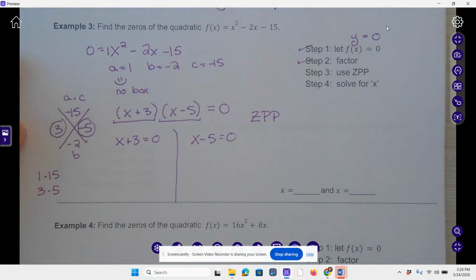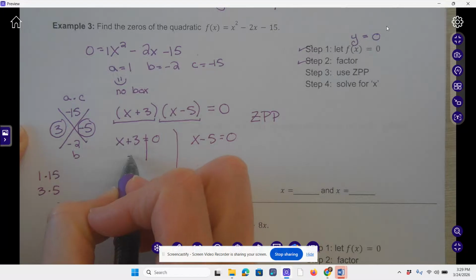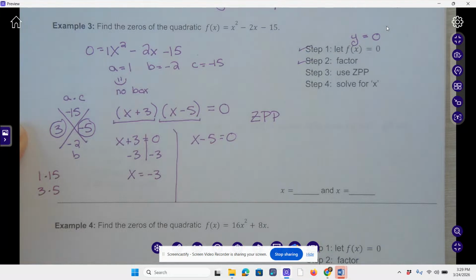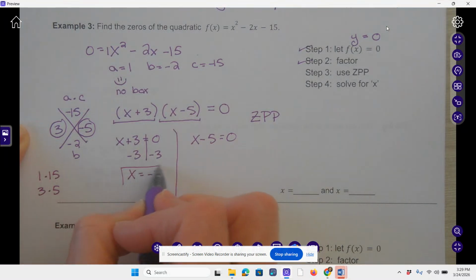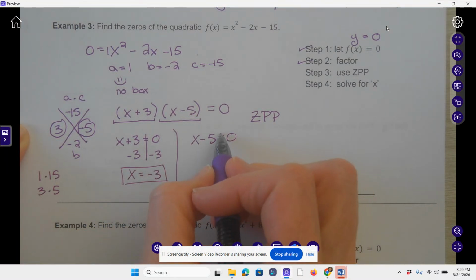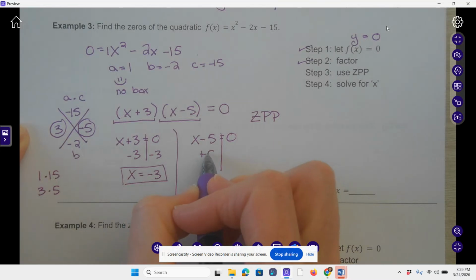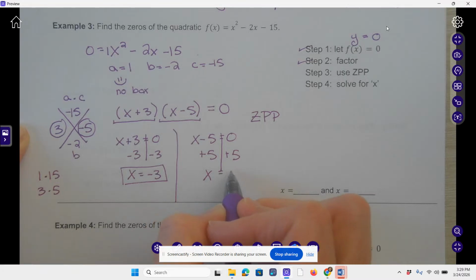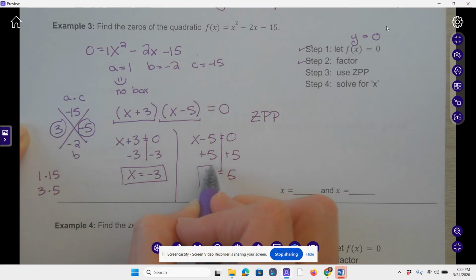All right, now let's solve for x. Remember, the solution we're going after are x values when y is 0. So to solve this equation for x, we're going to undo addition by minusing 3 from both sides. And we're going to get x equals -3. And to solve this one, we're going to add to undo subtraction, and we're going to get x equals 5.